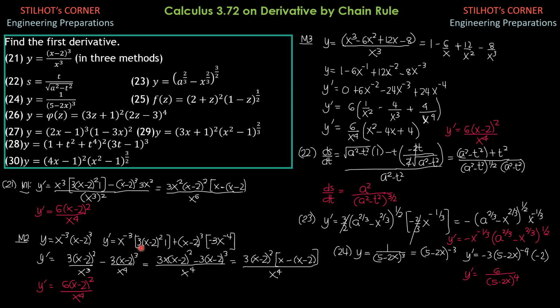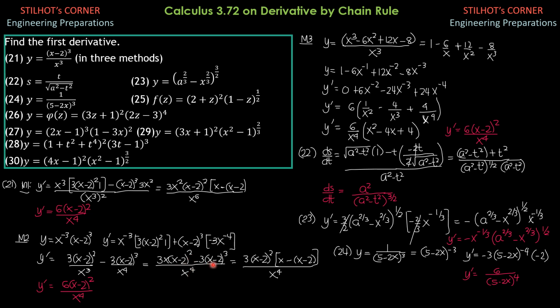Simplifying, the first term is similar to 3 quantity x minus 2 squared over x cubed. Then the second term is negative 3 quantity x minus 2 cubed over x to the fourth. So the common denominator is x to the fourth. Then x to the fourth divided by x cubed is x, and x times this expression is 3x quantity x minus 2 squared.